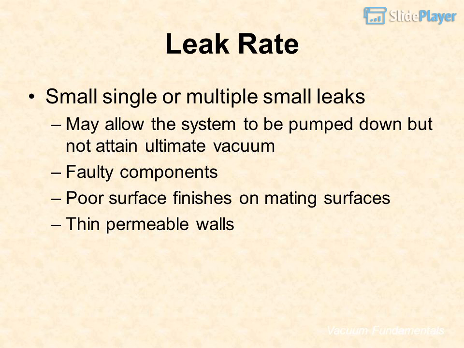Leak rate: small single or multiple small leaks may allow the system to be pumped down but not attain ultimate vacuum. Causes include faulty components, poor surface finishes on mating surfaces, and thin permeable walls.